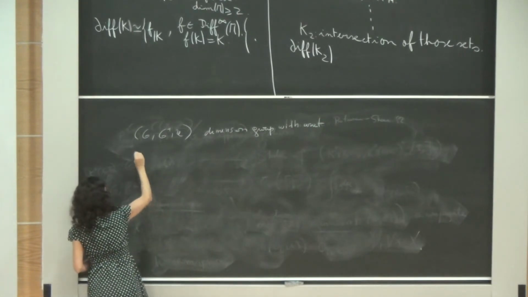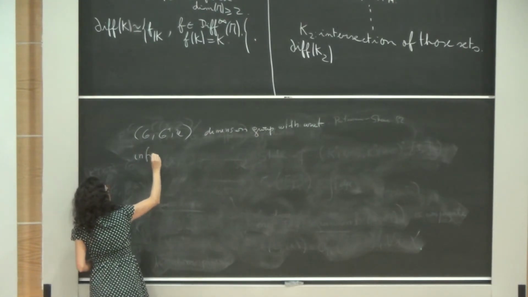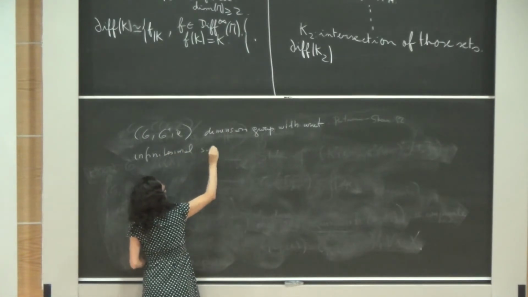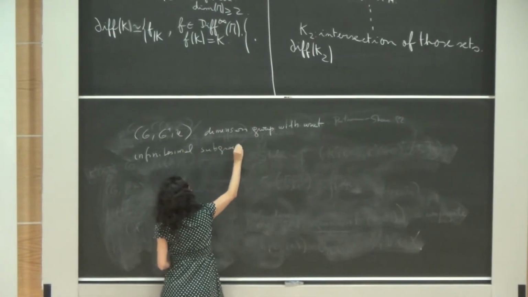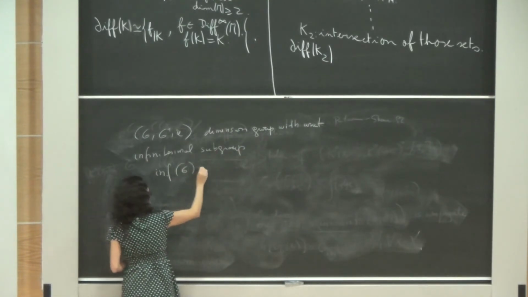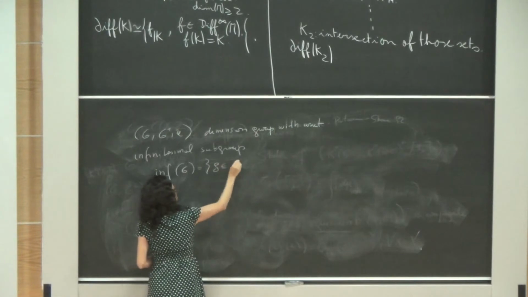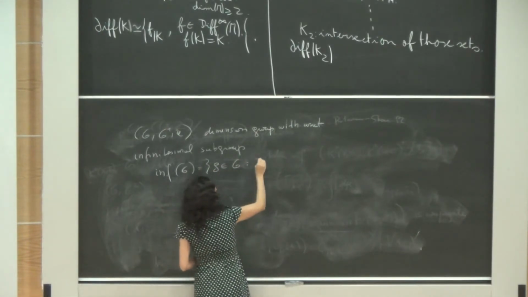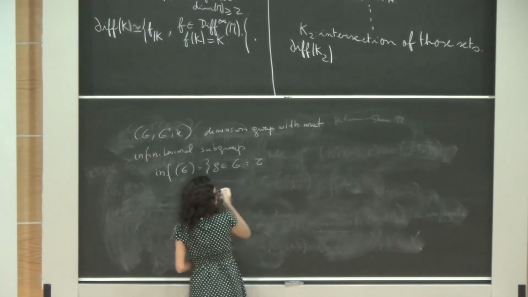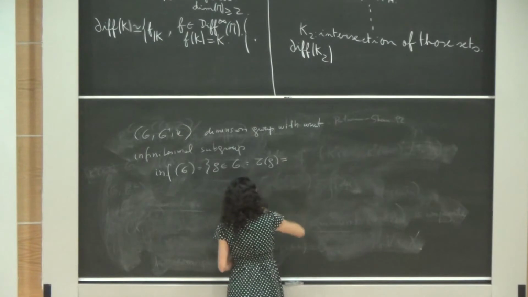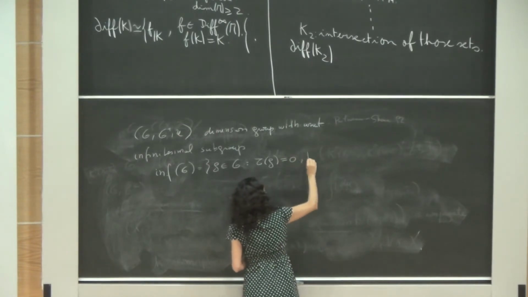The infinitesimal subgroup of the dimension group will be the subgroup of all the elements with the property that if you apply any trace to this element, this always gives you 0.